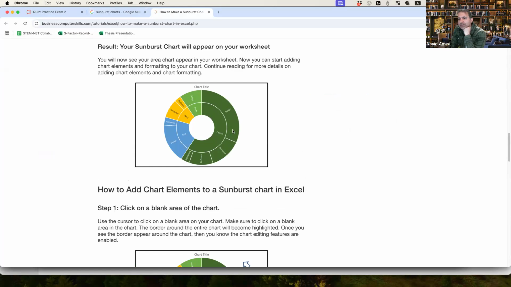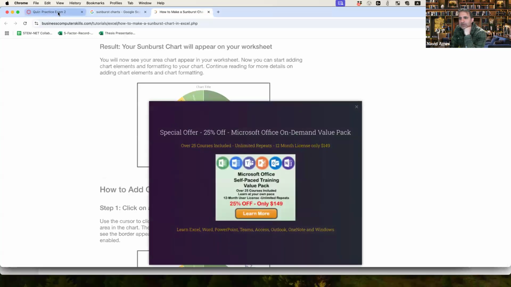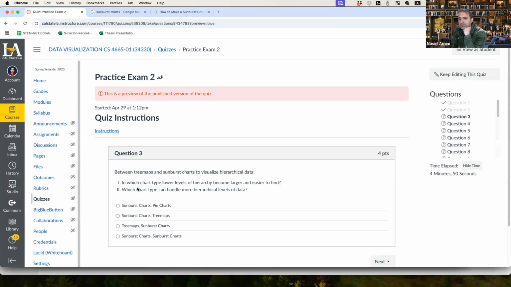So you compare the area of this design category to the corresponding area here. So this is a bigger circle. This is a bigger ring. Therefore, the area becomes bigger. So that's what I mean when we go in lower levels of hierarchy, the area becomes larger and therefore it becomes easier to find.